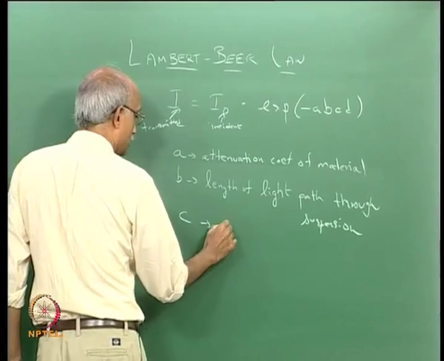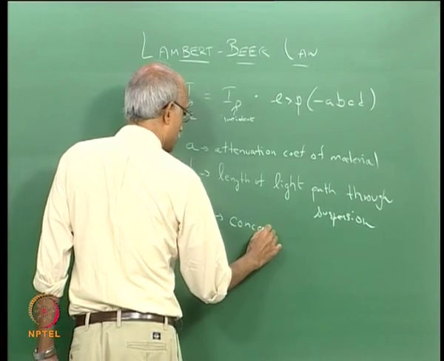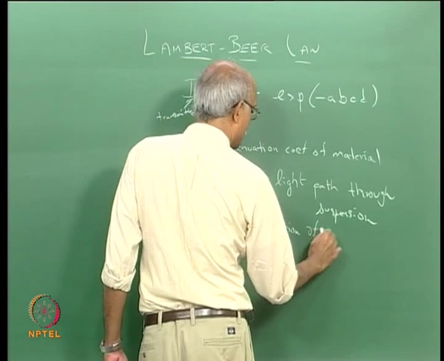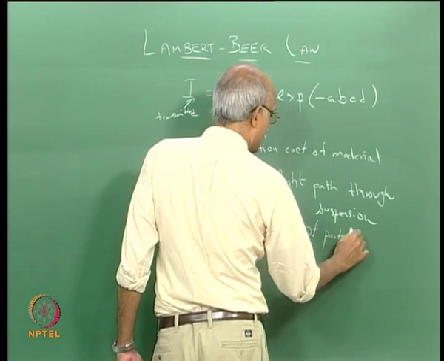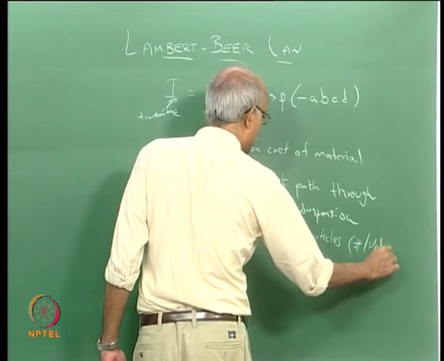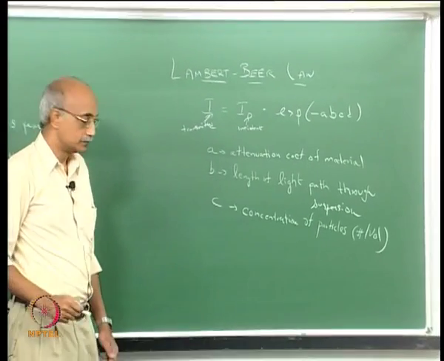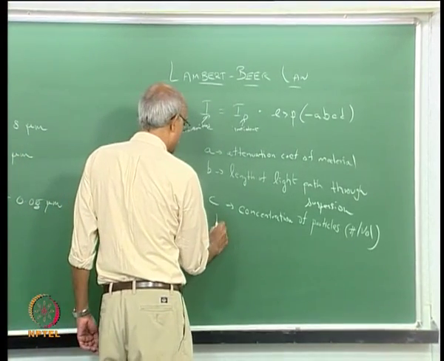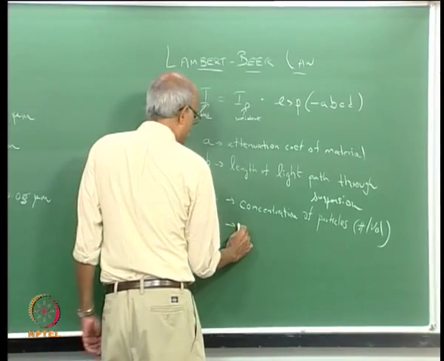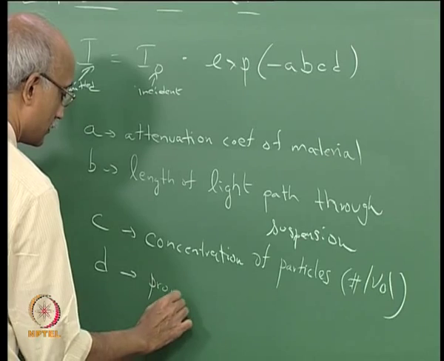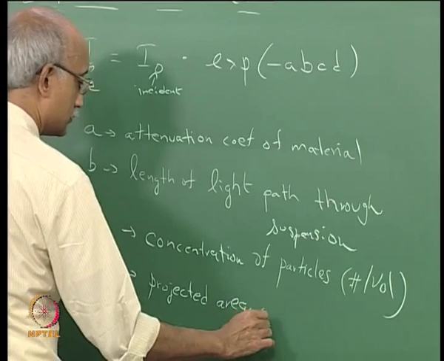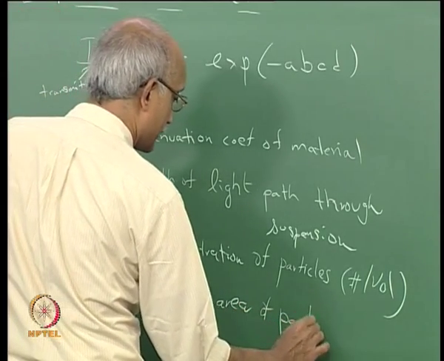C stands for the concentration of particles in the suspension, which is expressed in number per unit volume, and D stands for the projected area of particles on which the light is incident.